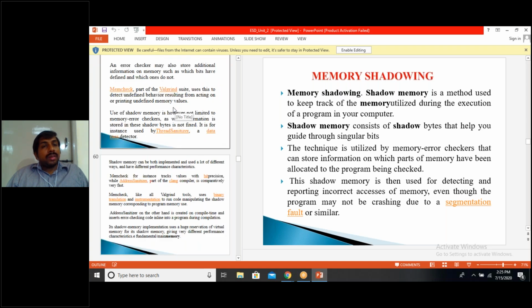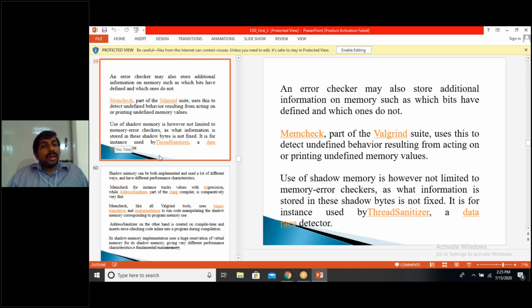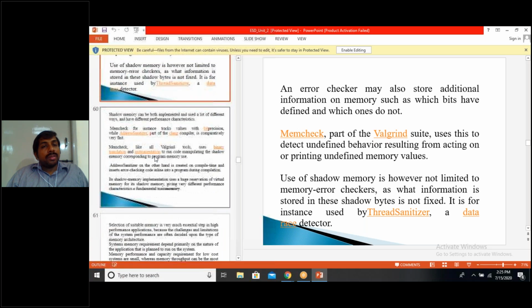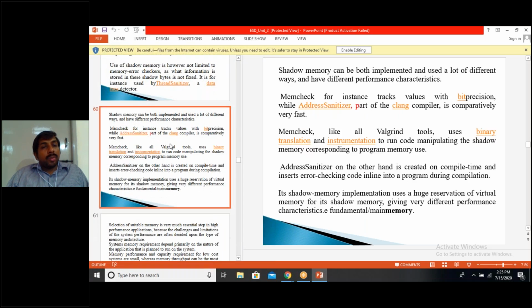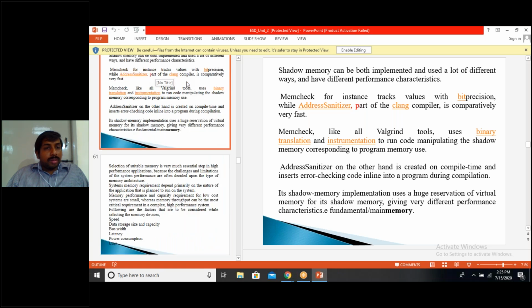The error checker can be Memcheck, which is part of the Valgrind suite, or it can be a thread sanitizer or data race detector. These two error checking methods can be used to create shadow bits, and these shadow bits are used to assign the memories.